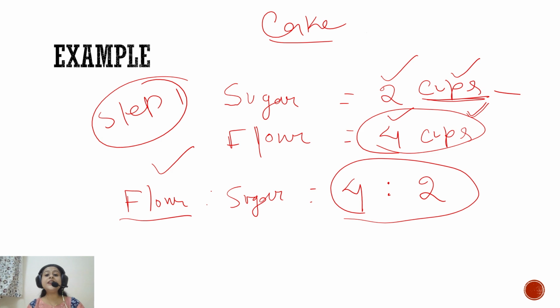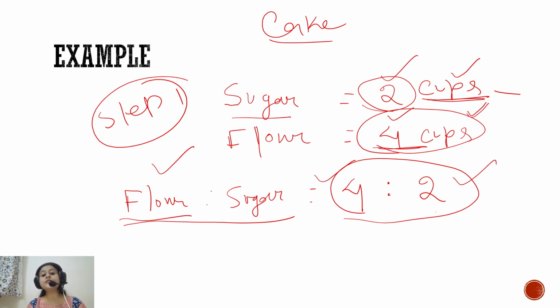Here my unit of measurement is cup, right? So I am measuring flour in cups and also sugar in cups. So for the flour by sugar ratio, the first term here is flour, so I will consider 4:2. The number of cups required for sugar is 2. So 4:2 is my initial ratio. Now we can divide it by its greatest common divisor.